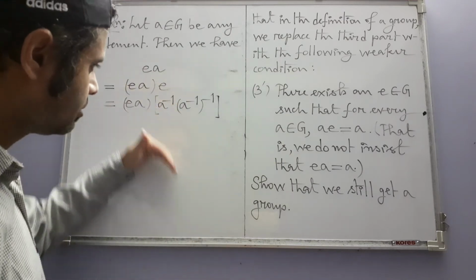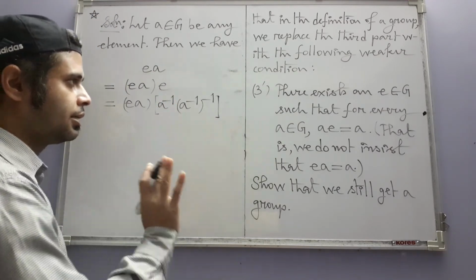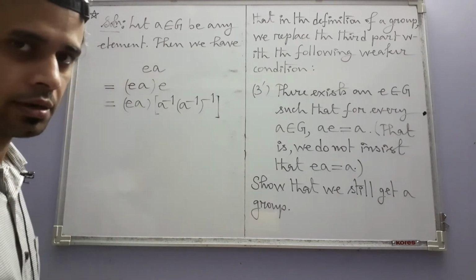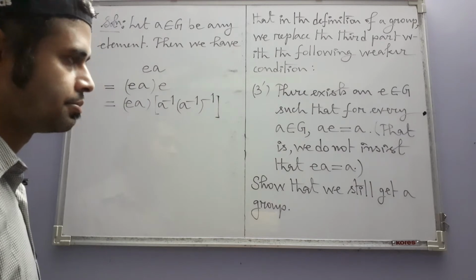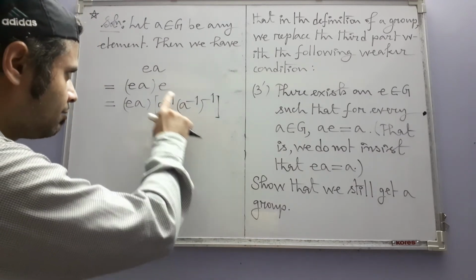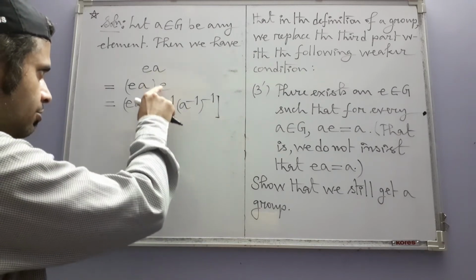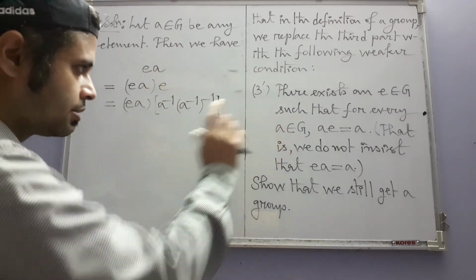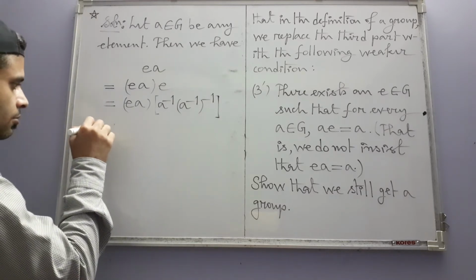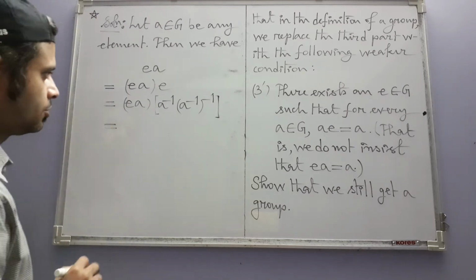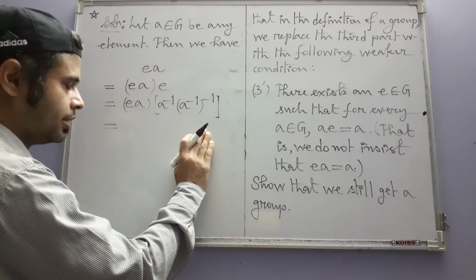We are trying to show that it is a group. So you cannot use any group theory result here. You are only allowed to use the axioms. And here we have used the fourth axiom. Here also in this step we have just used this new third axiom.